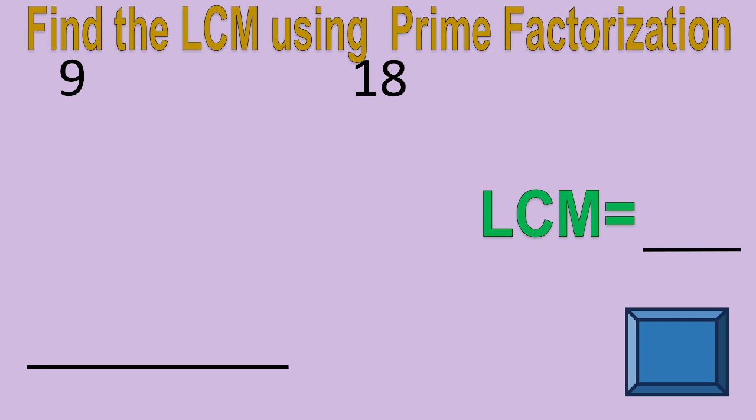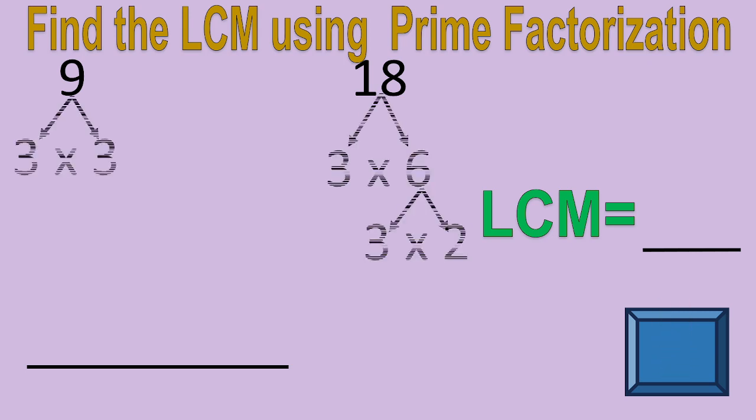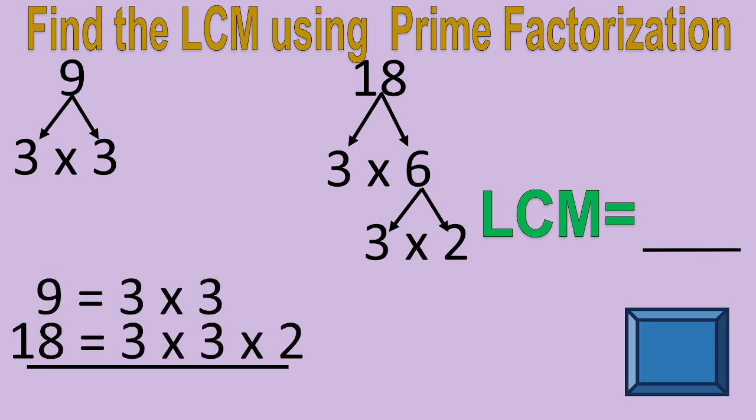Another. Find the LCM of 9 and 18. Times up. The answer is: the prime factorization of 9 is 3 and 3.